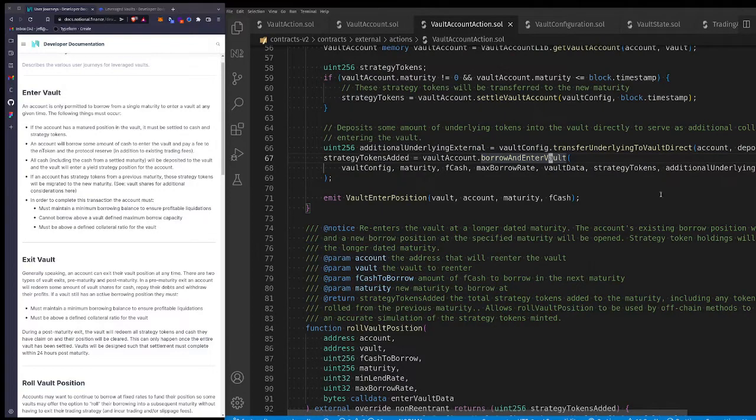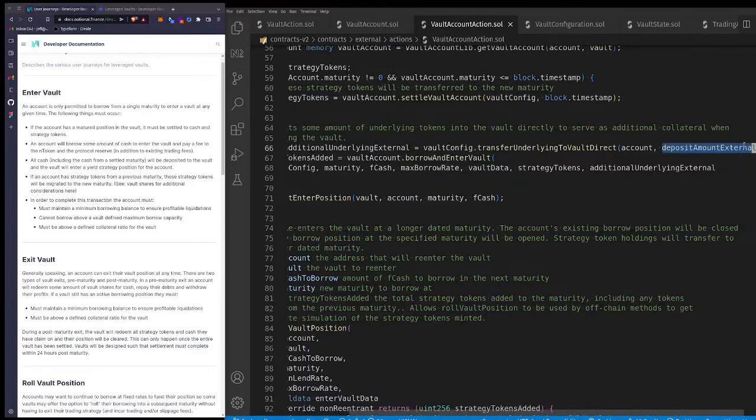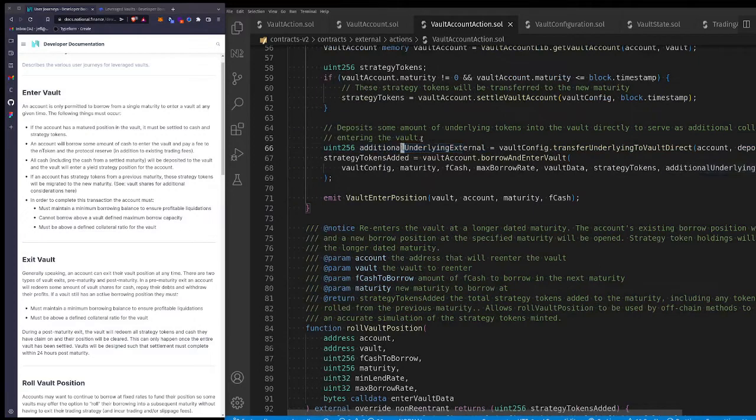What will happen for vaults is the deposit amount will be first transferred to the vault directly, so we can take a look at that, and then the account will borrow the amount of fCash requested, and we'll also transfer that to the vault. The reason we've done this in this way is to limit the number of ERC20 transfers that occur.